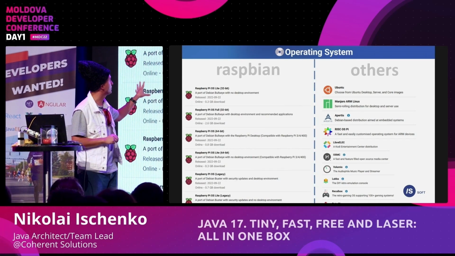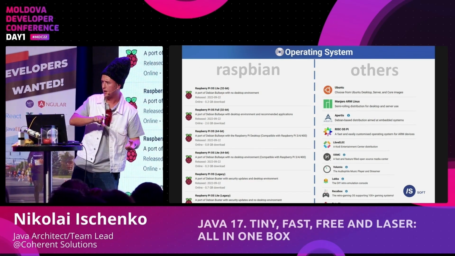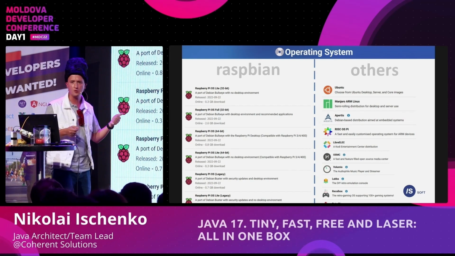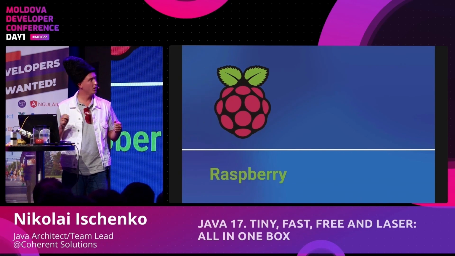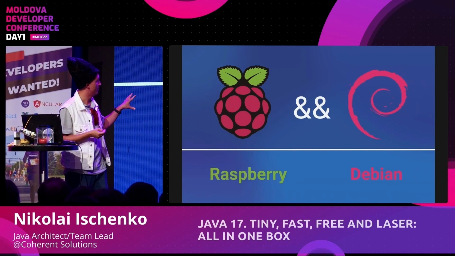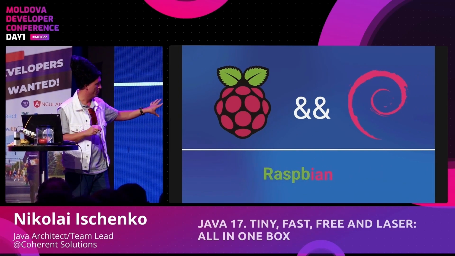However, on another side we have the Raspbian operating system. Before, we had Raspberry hardware devices, but this is the Raspbian operating system. What is it? It's a synergy between Raspberry hardware and the Debian operating system. That's why we have Raspbian.